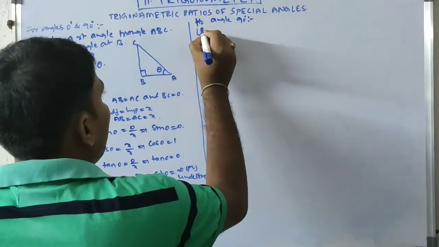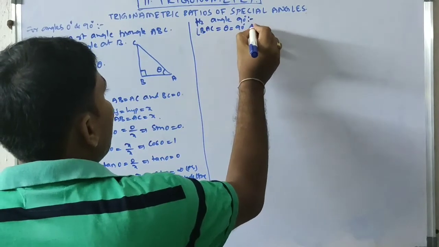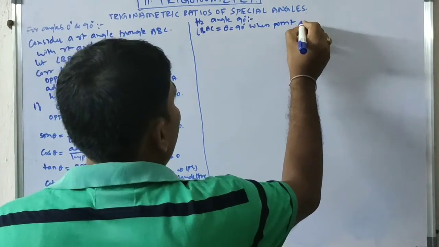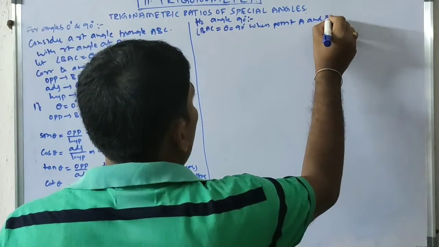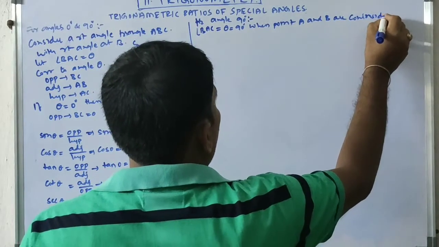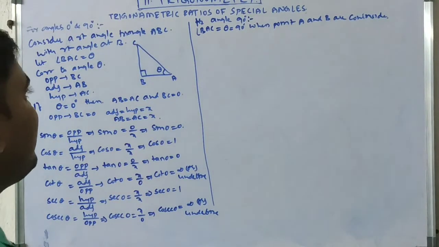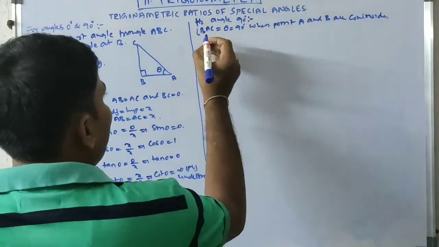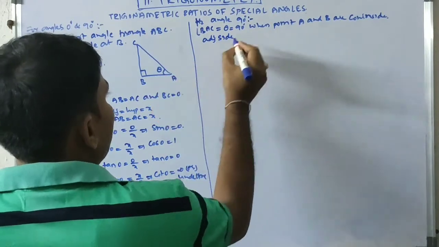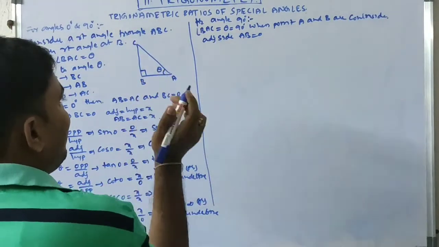If points A and B coincide, the angle is equal to 90. So angle BAC equal to theta is equal to 90 only when points A and B coincide. When the angle is 90 degrees, the adjacent side AB is equal to 0, because if two points are coincident, the length is equal to 0.